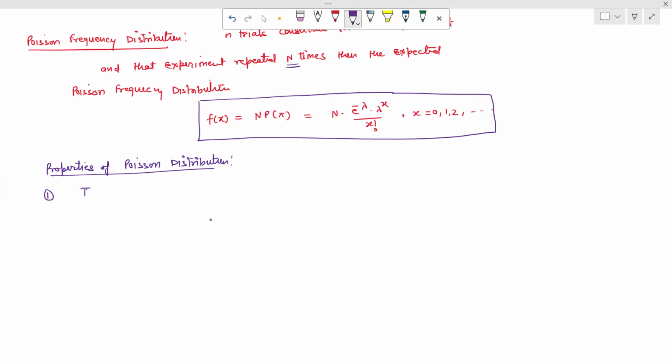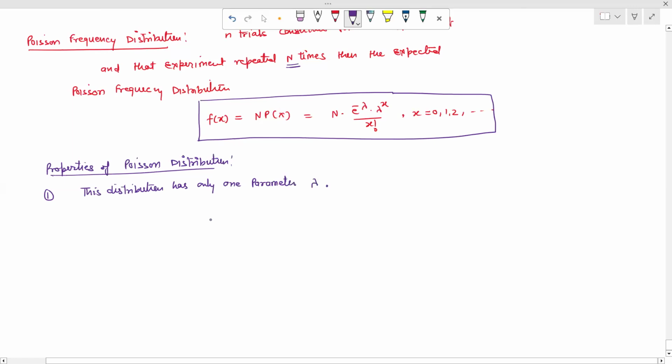This distribution has only one parameter, that is lambda. When n and p are known, we calculate lambda with this formula: lambda equal to np.